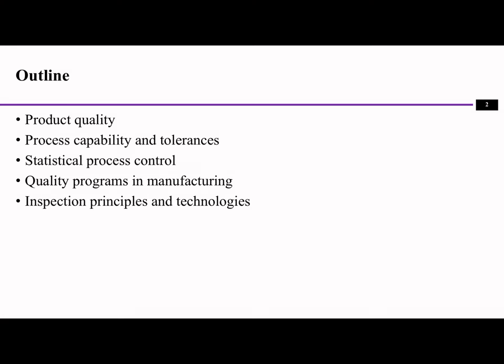All right, so the topics included in this lecture are, first, we're going to discuss a little bit about what is product quality, and then talk about how to calculate process capability and also tolerances. One important part of the control of quality is called statistical process control, SPC.